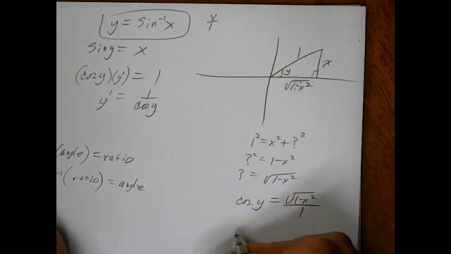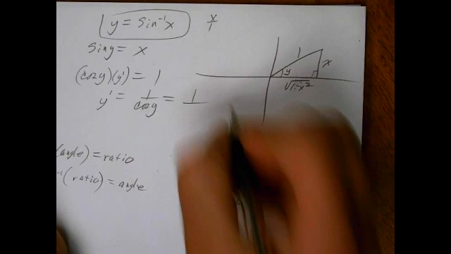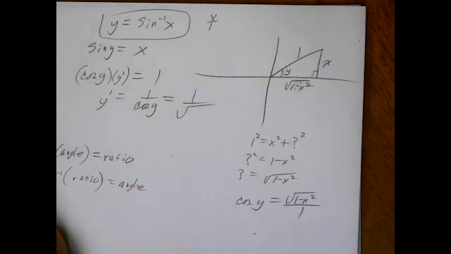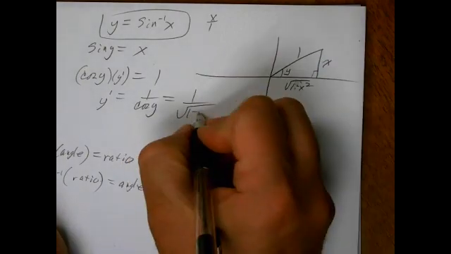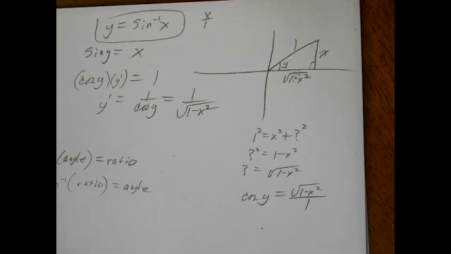Therefore, the reciprocal of that would be 1 over the square root of 1 minus x squared. And so there we have, with the help of the drawing of that right triangle, discovered a way to express y prime, which is the derivative of the arc sine function, in terms of x and only x, which again is very advantageous.